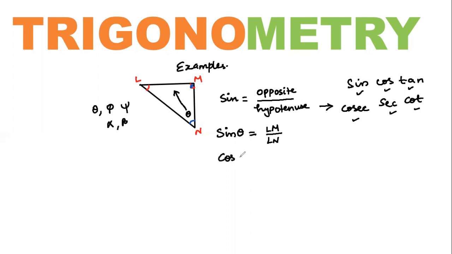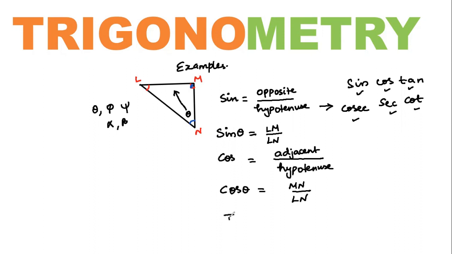Cos is adjacent upon hypotenuse. Now, what will be cos theta? Adjacent to theta is MN and the hypotenuse is LN.